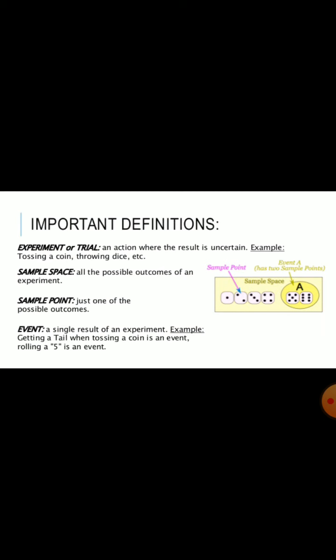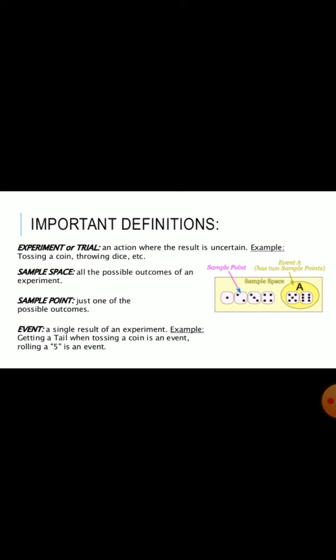If we want 1, then 1 will be the sample space. So the sample space is all possible outcomes of an experiment. In case of dice, the sample space will be 1, 2, 3, 4, 5, 6, that is total 6 sample space are there. In case of coin, there are 2 sample space, head and tail.